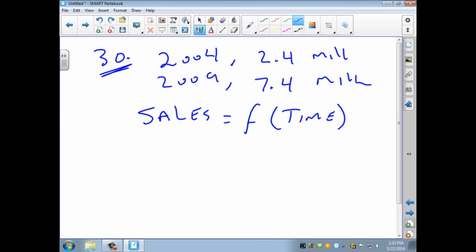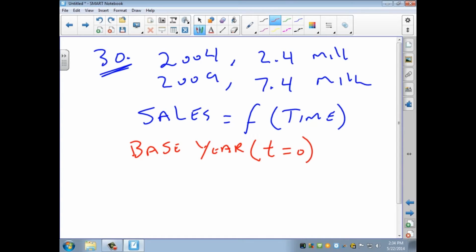In order to find the function, we need the slope of the line and we need 1 point on the line. One thing we can do is we can say, let's take a base year, which means where t standing for time would be equal to 0.